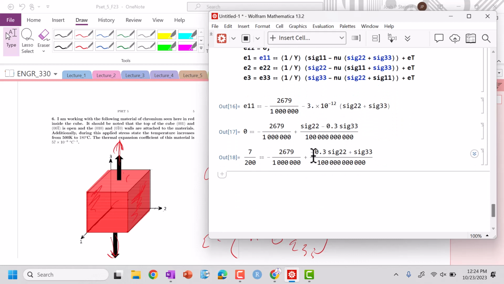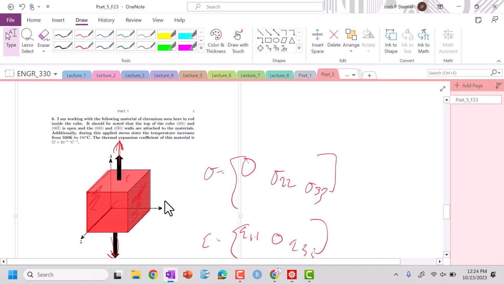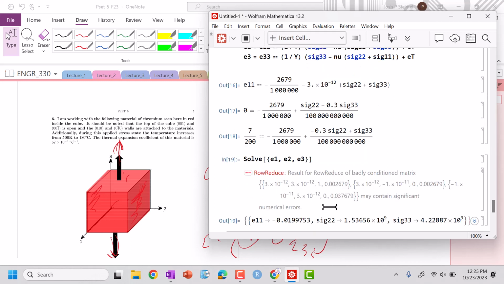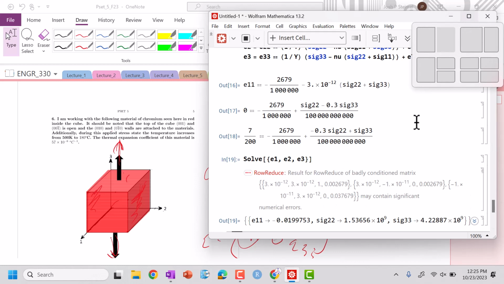So we have 1-1, 2-2, 3-3. Makes sense because we already said we had this. So strain in the 1-1, 2-2, 3-3 for stress. Good. So let's solve. We're going to solve E1, E2, E3. And we get a strain in the 1-1 that is indeed negative. Makes sense.